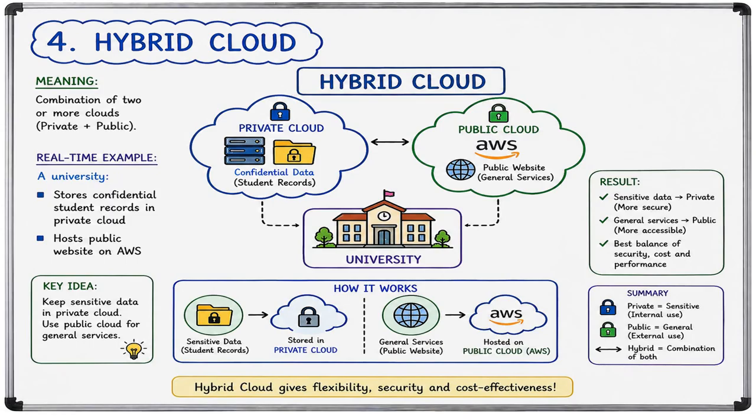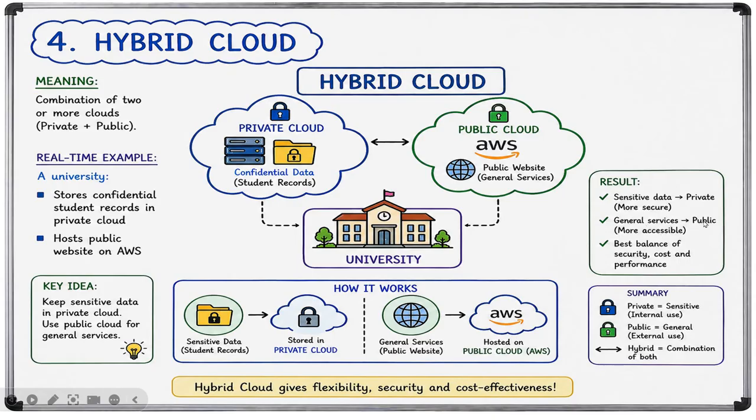So that is the hybrid cloud, where the hybrid cloud combines the benefits of both private and public clouds, and it offers security for critical data and flexibility for general use, and this makes it widely used in real world applications. Sensitive data is kept private because it requires more security.